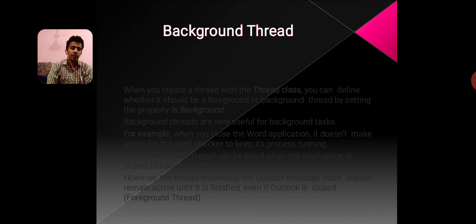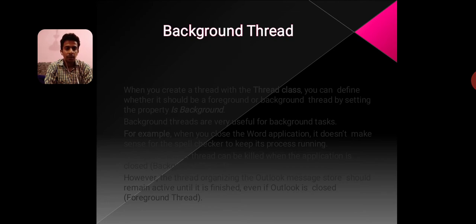Background threads. When you create a thread with the Thread class, you can define whether it should be a foreground or background thread by setting the property IsBackground. Background threads are very useful for background tasks.